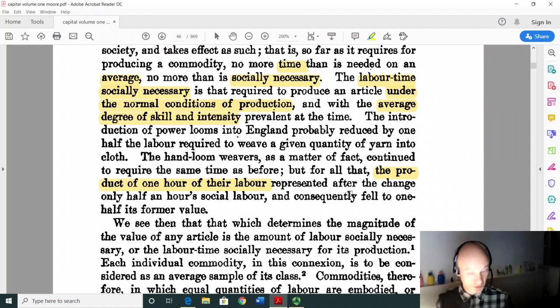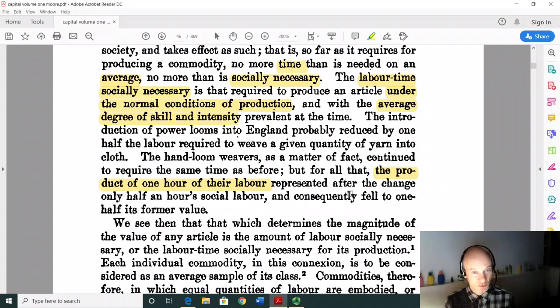For a short period of time at least they are able to sell this much larger amount of cloth they're producing at a lower price than the handloom weavers, but still much more than just half of the price it used to be. So they're bringing down the price of these cloths because their value has reduced, because on average less labor time is needed to produce a certain given amount of cloth.